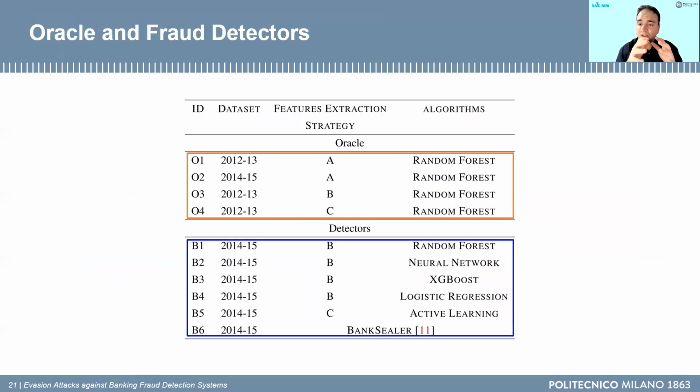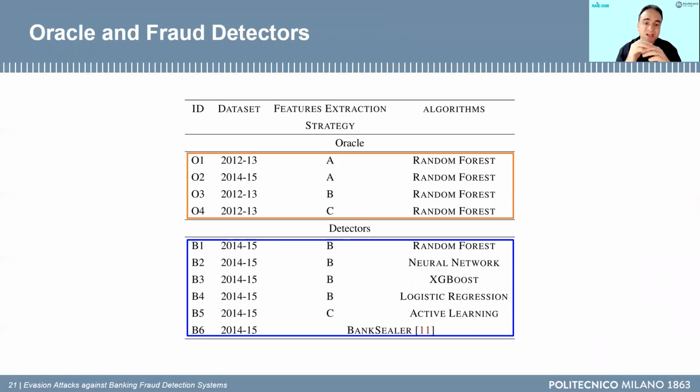For the experimental evaluation, the oracle and the fraud detectors are characterized by the machine learning algorithm employed, the dataset used for training the model, and the feature extraction strategy adopted. In the table in the slide, we provide details about these selections. We can notice how the oracle is always based on a random forest algorithm, which, as confirmed by the literature and by the experiments we performed on our dataset, has the best performance in the fraud detection task.